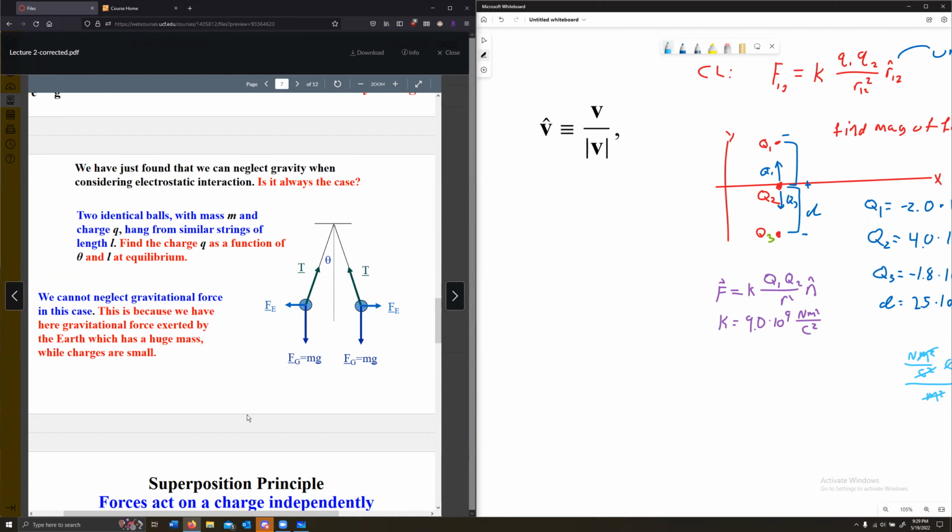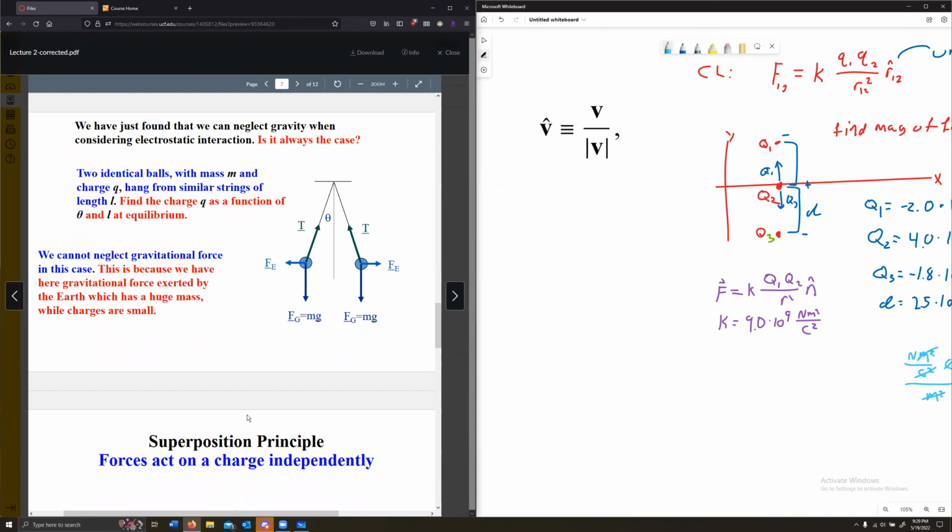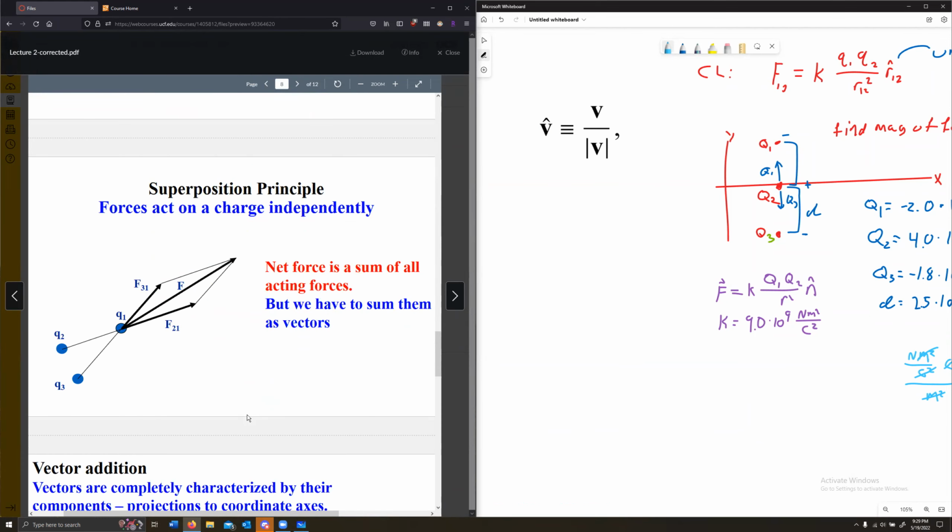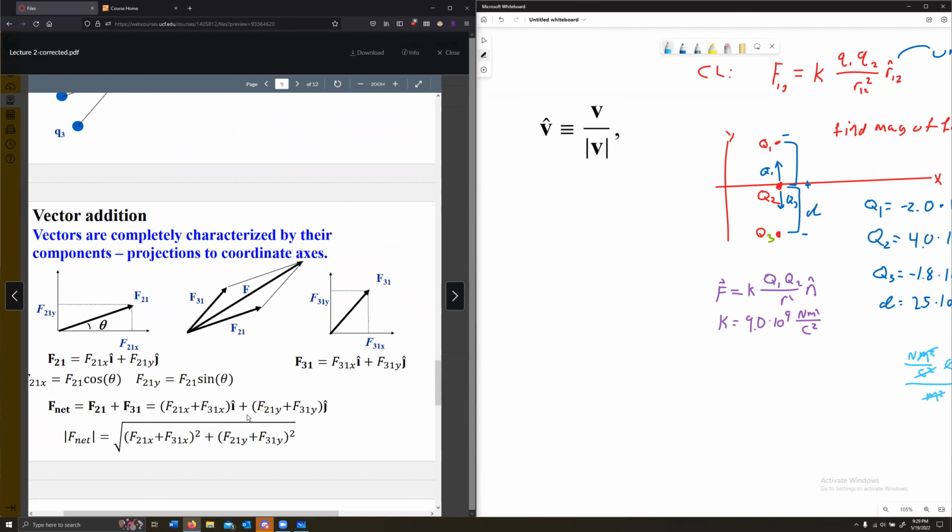So we can't always neglect gravity in this sense. Did we do this one in class? I think he just glossed through this one, but oh, superposition principle. Right. Okay, I see.